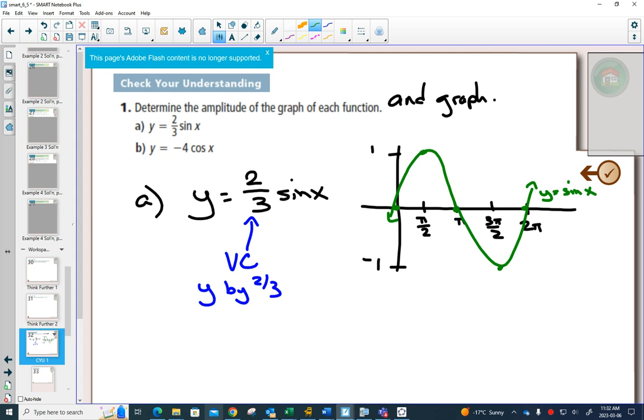And I'm going to look at now, what does it look like if I want to graph 2/3 sine x? I'm going to draw another graph here. First of all, would you agree if you're multiplying your y values by 2/3, your x values are not changing? So I can remark down the same points of 2 pi, pi, pi over 2, 3 pi over 2. I can put my axes family back down.